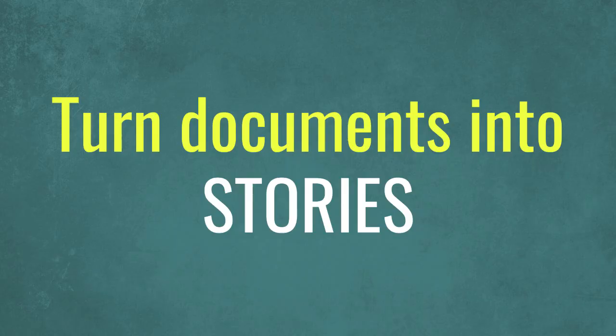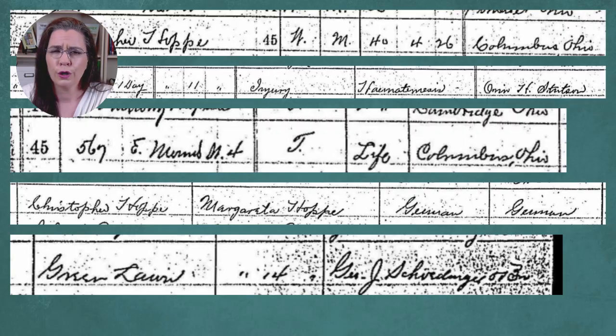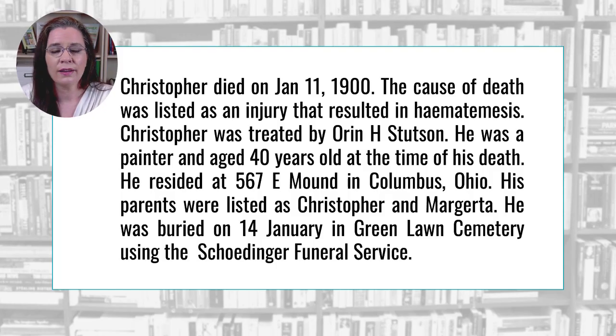Now, once you find a record about your ancestor, turn the facts from the document into sentences and paragraphs. Extract every detail available, no matter how small. For Christopher, my death story read a little bit like this. Christopher died on the 11th of January, 1900.